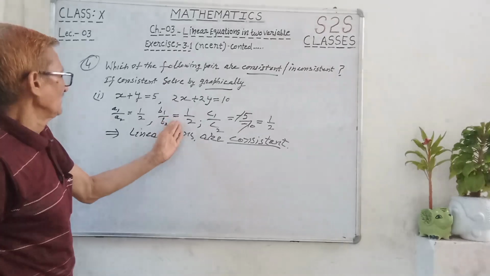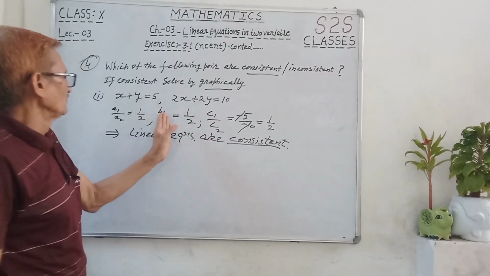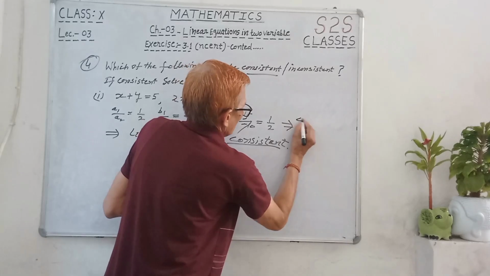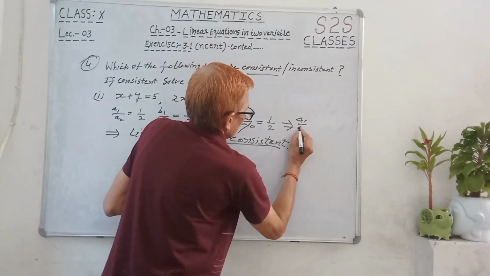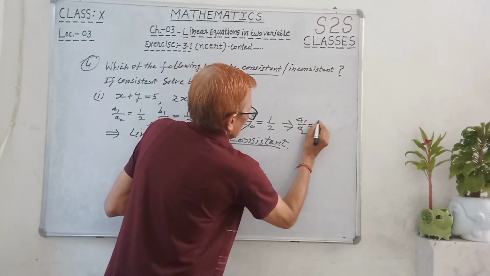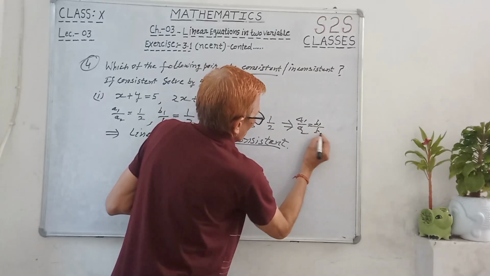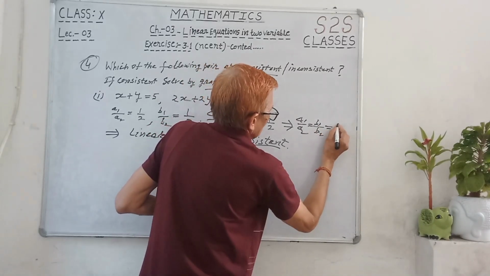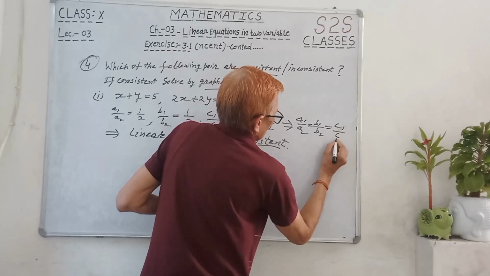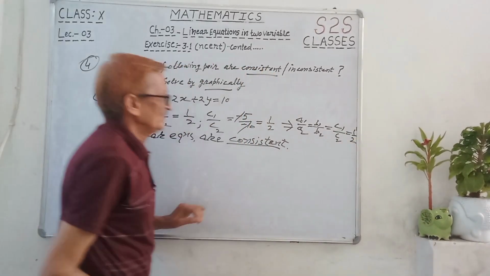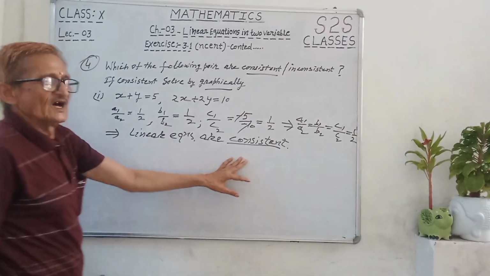Infinite many solutions if a1 upon a2 equal b1 upon b2 equal to c1 upon c2, which equals 1 upon 2. Hence, linear equations are consistent.